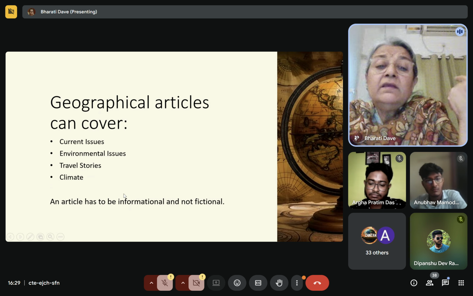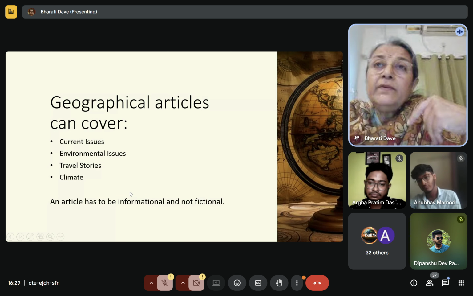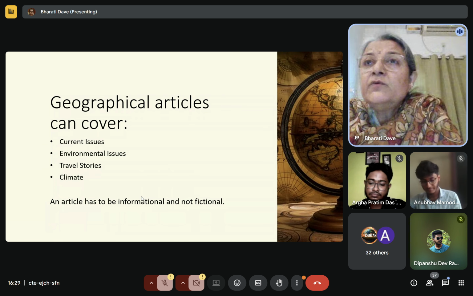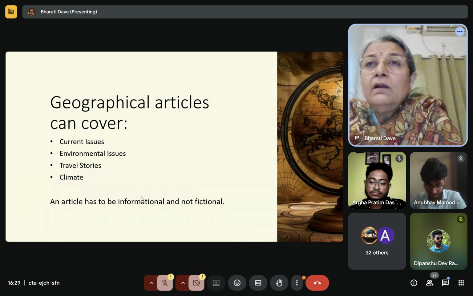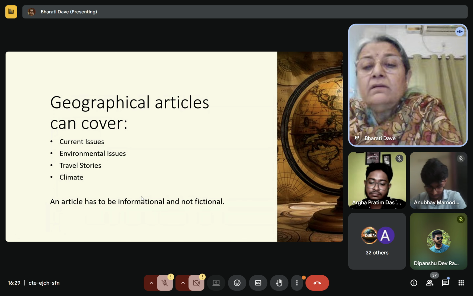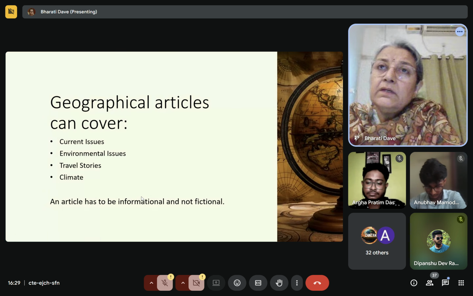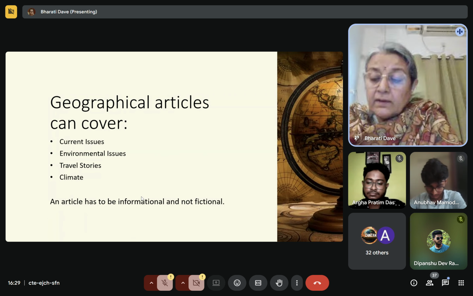But only thing is that these, when you write the article, should be informational and not fictional. And fictional means basically you're cooking up a story. You're just saying something. Don't do that. I mean, that will not be an article. That will be a story writing. Okay, so story writing और आर्टिकल में तो अंतर हो गया ना.